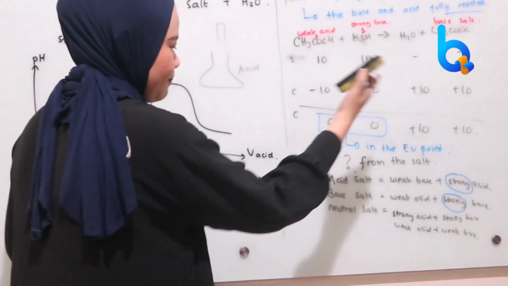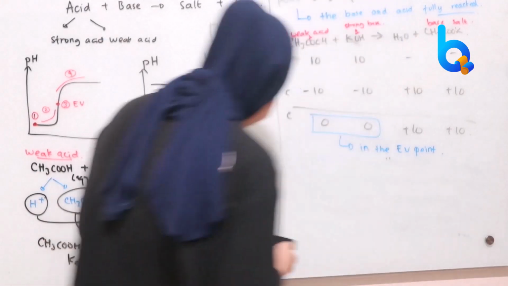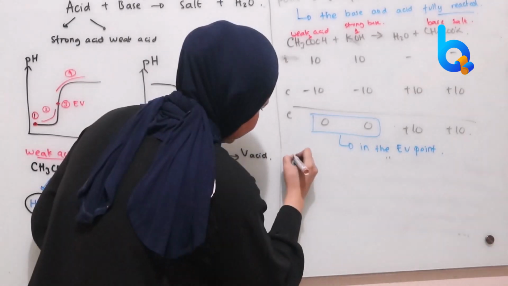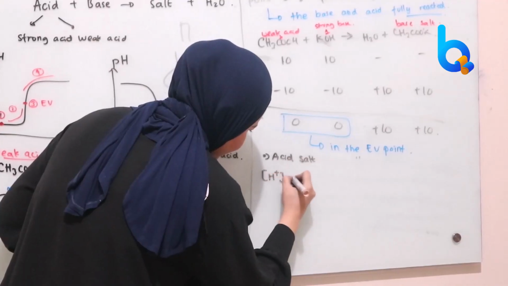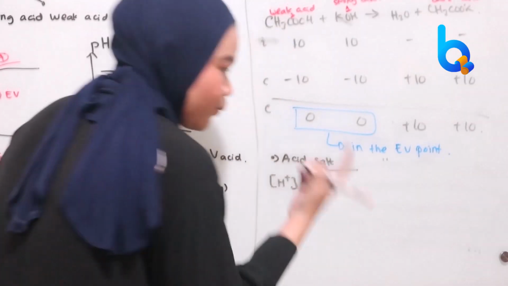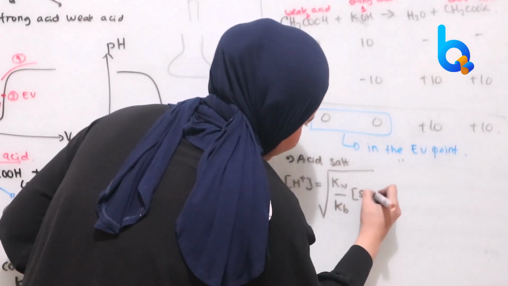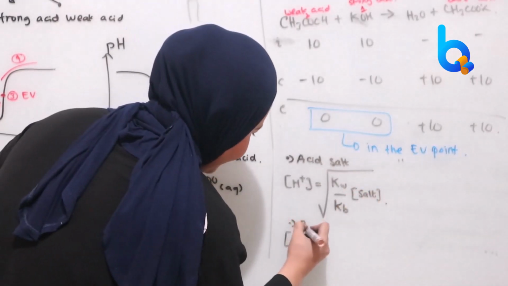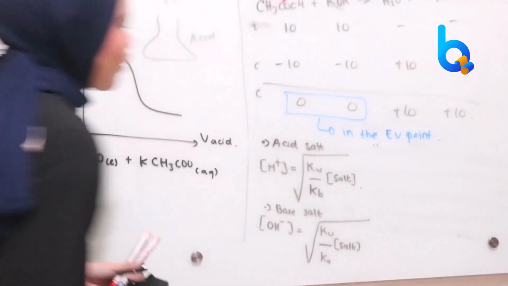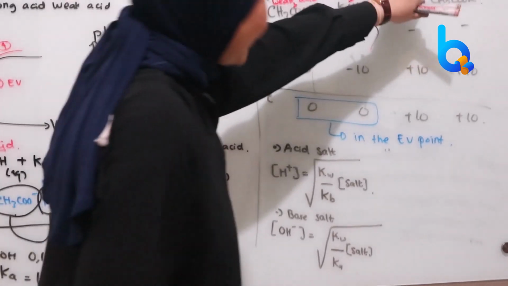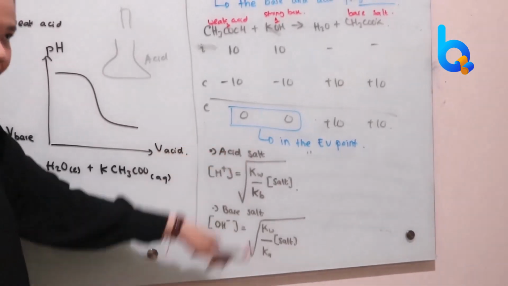If we have an acid salt, then H+ equals the square root of Kw over Kb times the concentration of the salt, of course. But if we have a base salt, we calculate OH minus. For this example we have a base salt, so we calculate OH minus first, and after that we can get pOH and then pH.